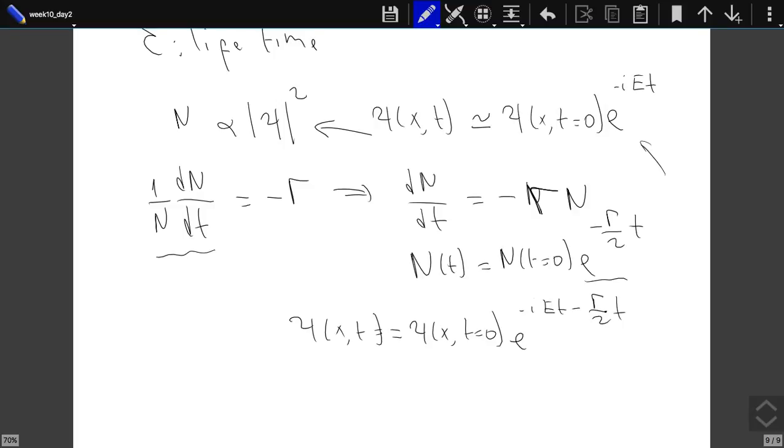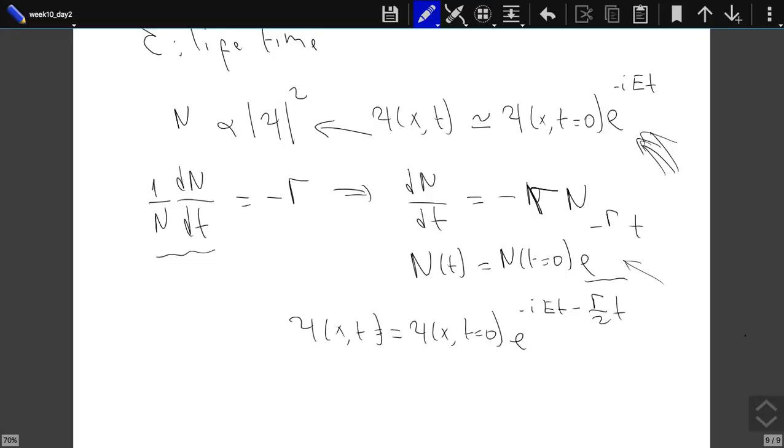So here I have a gamma. If the tunneling probability is 0, then gamma is 0, and I recover this one. If gamma is non-zero but very small, then it is almost given by this one over here, almost. But there is also this factor.